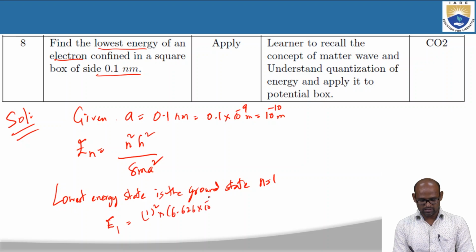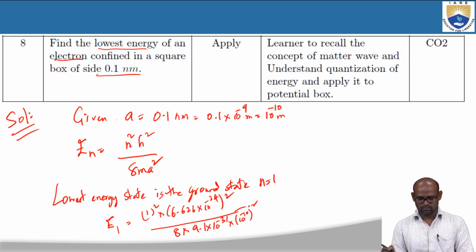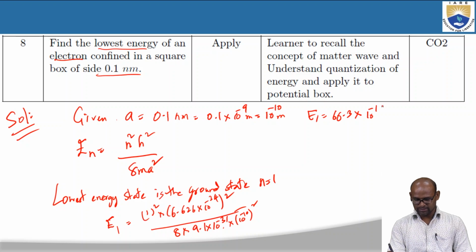So E1 is 1 square, 6.626 into 10 power minus 34 whole square, h square, by 8 into the electron mass 9.1 into 10 power minus 31, a is 10 power minus 10 whole square. By substituting the mass of the electron, 9.1 into 10 power minus 31, and a given as 0.1 nanometers or 10 power minus 10 meters, because 1 nanometer is 10 power minus 9 meters, and all the values, we find E1 as 60.3 into 10 power minus 90 joules.